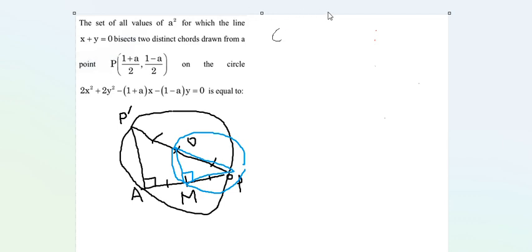So what we're going to do first is divide everything in the original circle equation by two.